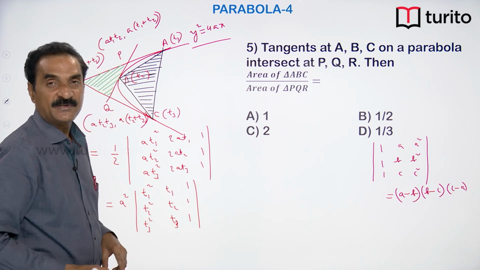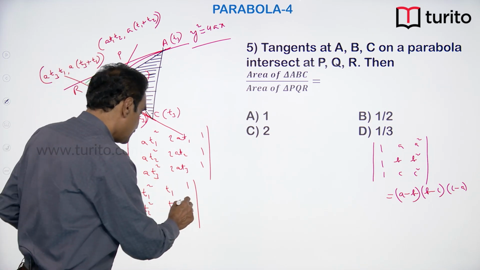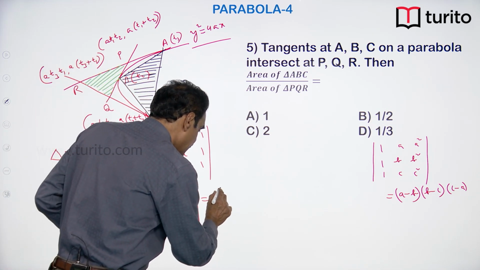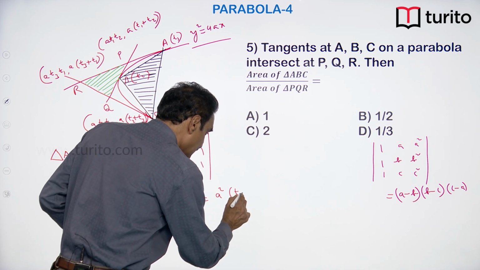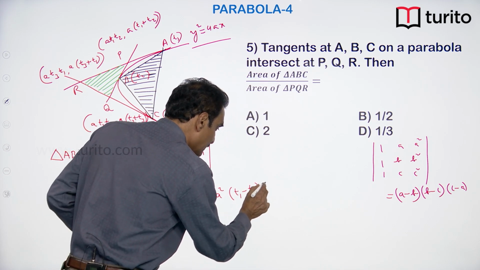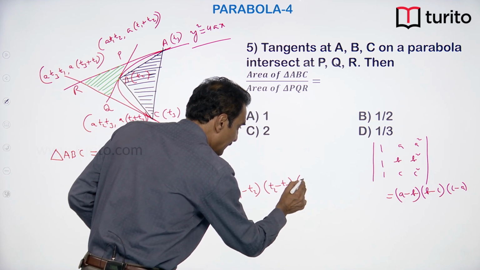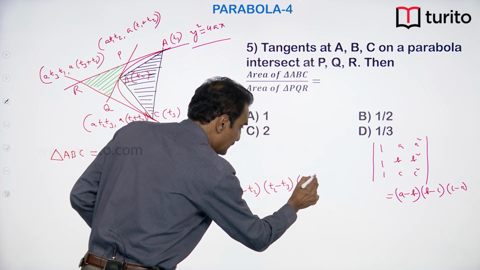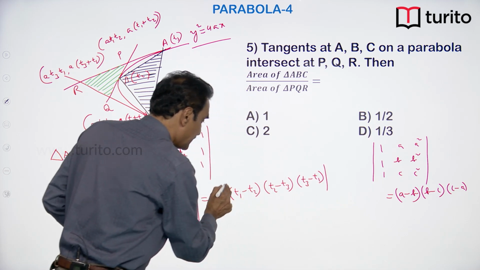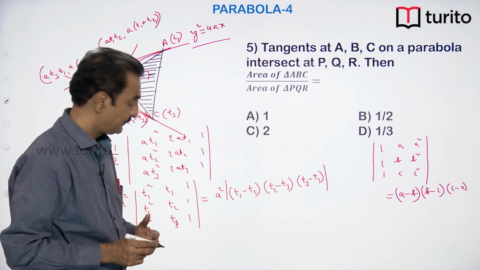So, the value of this determinant is A square into t1 minus t2 into t2 minus t3 into t3 minus t1. Since it is an area, we have to take the mod.